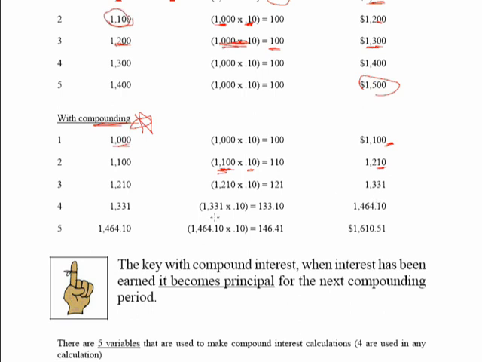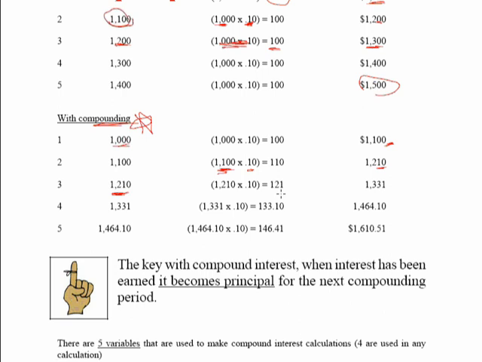So you can see the next period. Now we're starting out with a beginning balance of $1,210, an extra $10 over the non-compounding example. And so we have 10% interest on the $1,210, which gives us $121. In the prior example, we only had $100.